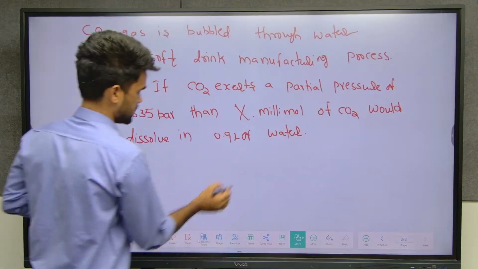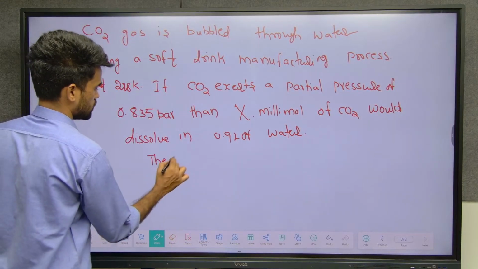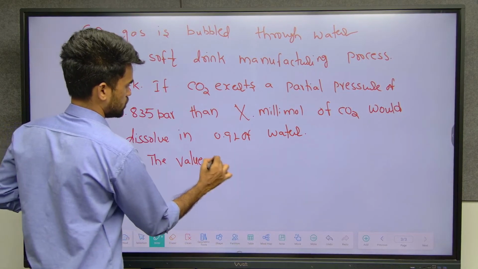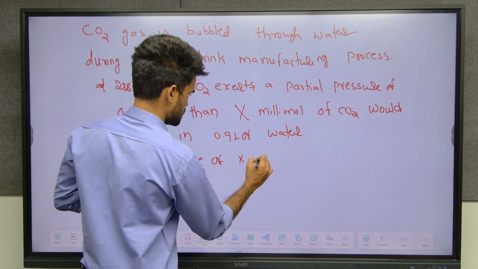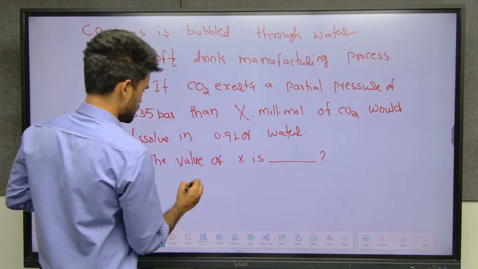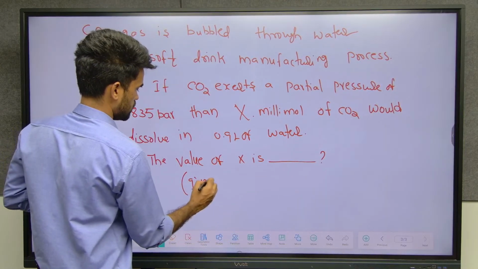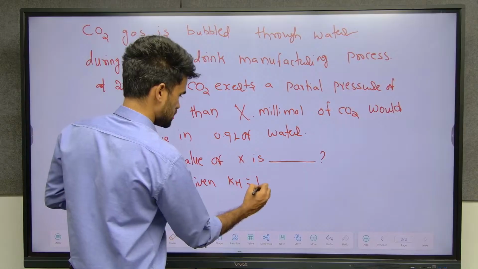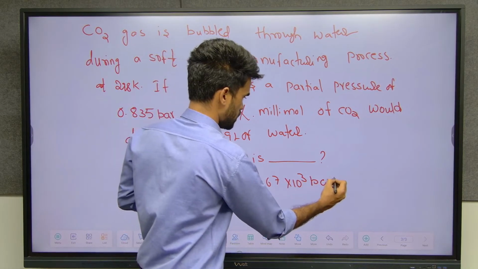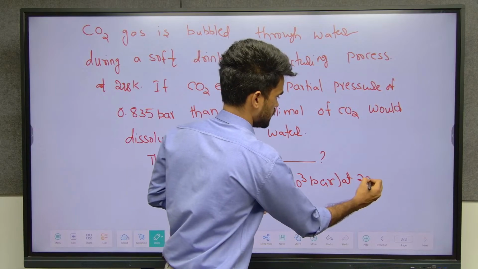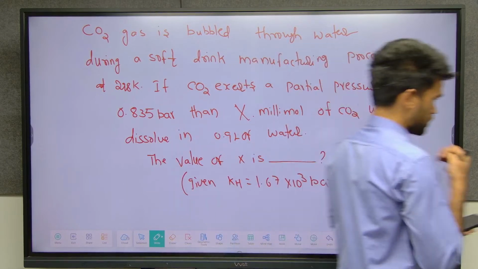The value of X is? Given KH equals 1.67 into 10^3 bar at 298 Kelvin.